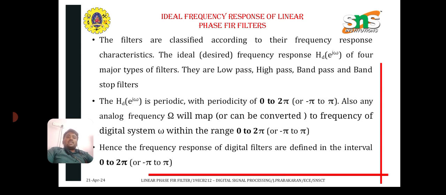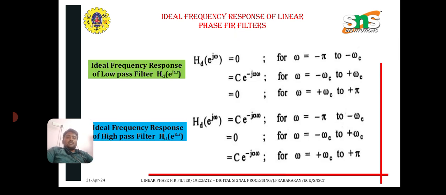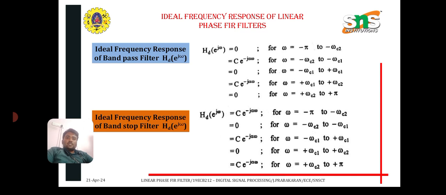The filters are classified according to their frequency response characteristics. The ideal frequency response HD of e power j omega has four major types. They are low pass filter, high pass filter, band pass filter, and band limit filter. Here you can see the ideal frequency response of linear phase FIR filters.